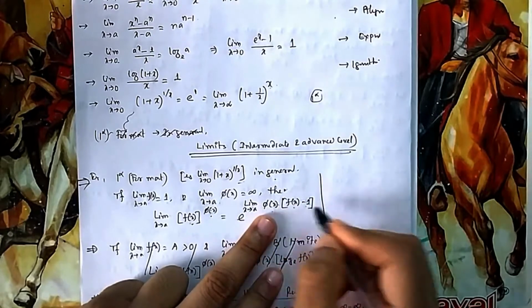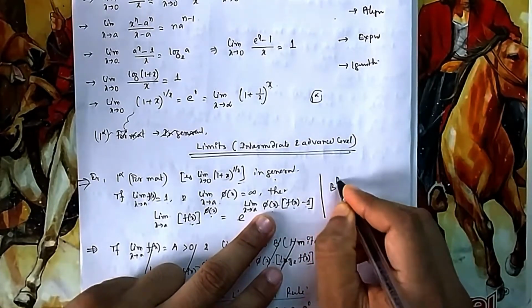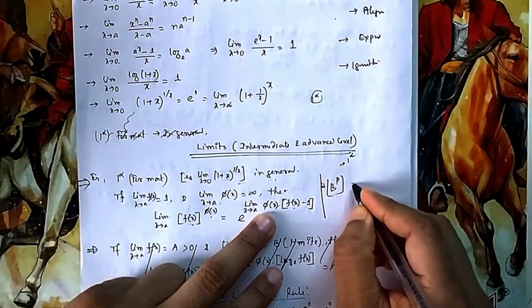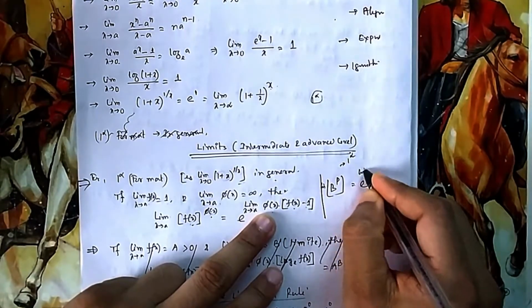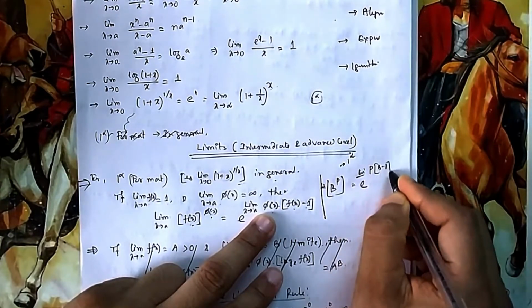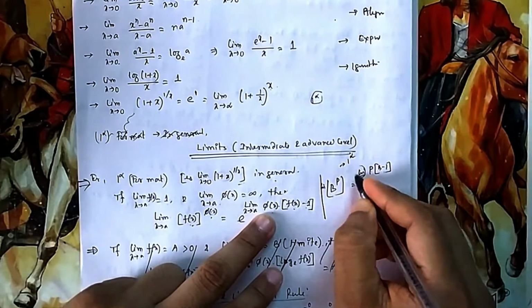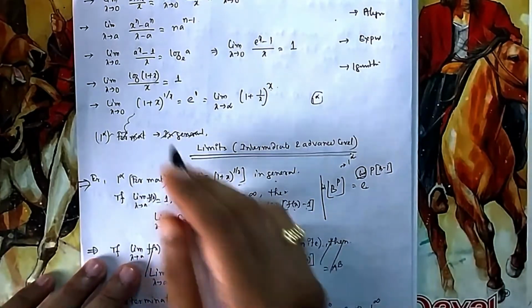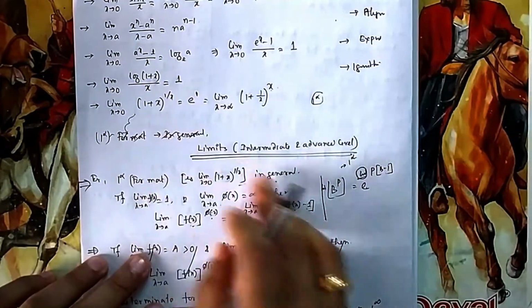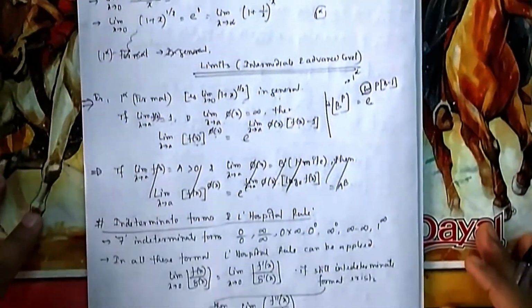Suppose it is of this format, base to the power: if you put that limit, it becomes 1 and infinity. So the idea is e to the power limit, whatever limit they have given, of power into base minus 1. You can remember this: power into base minus 1, with the limit. If you put this in, you will get this answer, that is your e. In this case, it is e. It is a direct formula, and you will find it in other questions also.